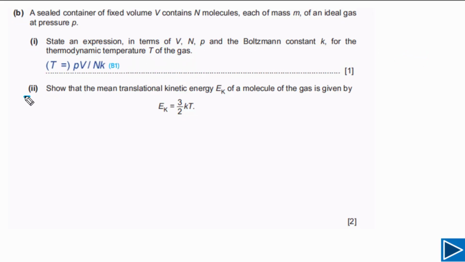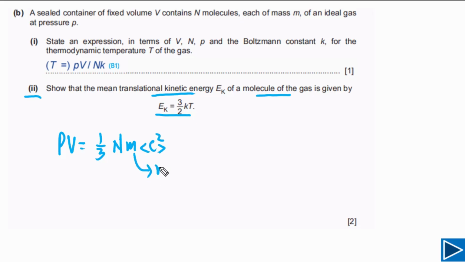For the second part, we need to show that kinetic energy of a molecule is given by this expression. So we can simply start this one from PV is equal to 1/3 Nm c square. So this is mean square speed, and m here is mass of single molecule.